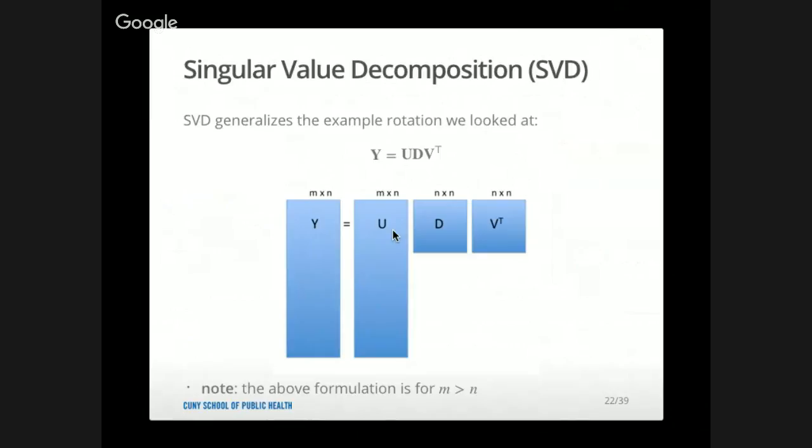Singular value decomposition, SVD, is a mathematical approach for performing rotations and decompositions such as this in larger data sets, and for determining the rotations when it's not just a case of doing something like average versus difference.